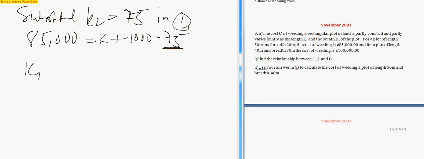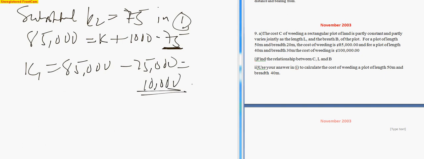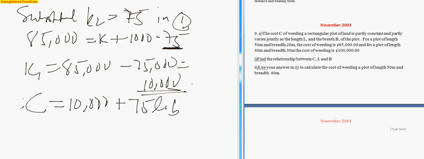Which means K1 is equal to 85,000 minus 75,000, and that is equal to 10,000. And therefore we can say that C is equal to 10,000 plus 75 times L times B. So that is the expression for C as was demanded in the question.